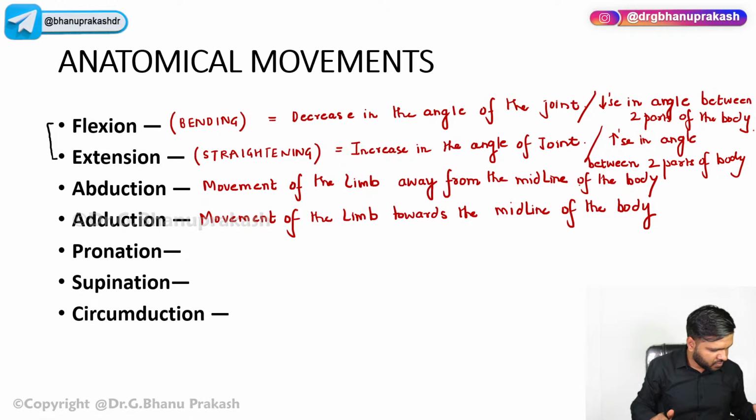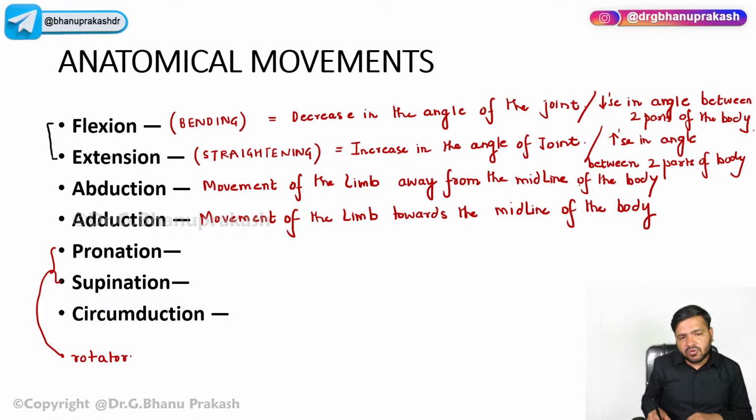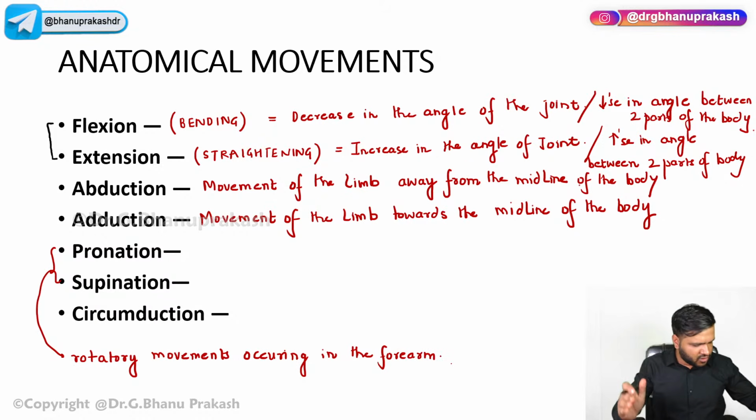Now firstly guys, you have to be very much clear that pronation and supination are rotatory movements occurring in the forearm only. Along with that, the palm is also moving, but as of now you should remember they are the rotatory movements occurring only in the forearm, right? So remember, guys.